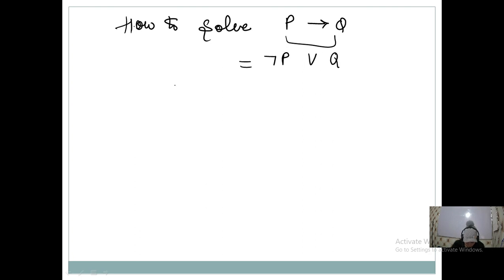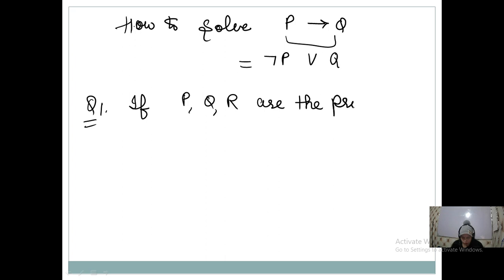Now the next question I am going to discuss: for example, we are given statements in symbolic form, and we have to convert them into English sentences. If P, Q, R are the propositions, we have to convert them from propositional form into statement form.